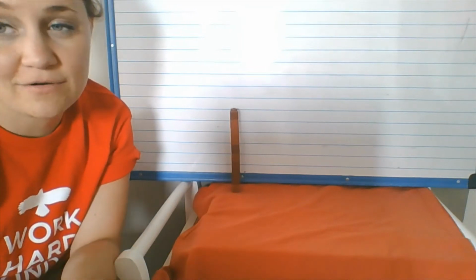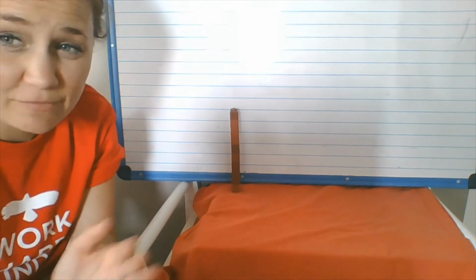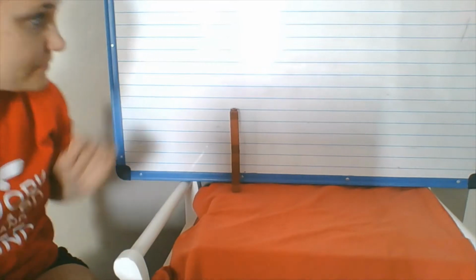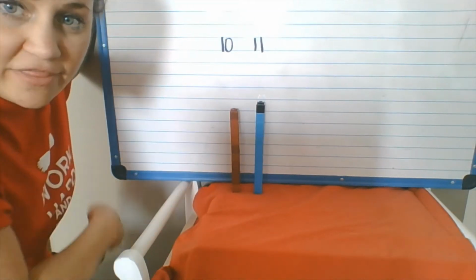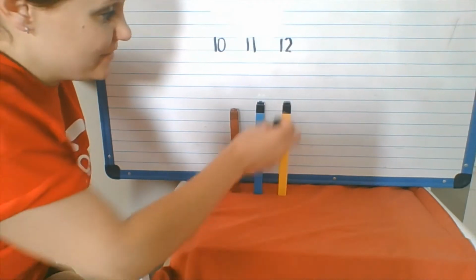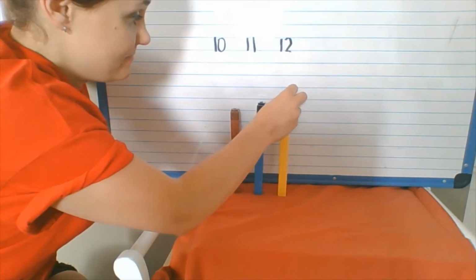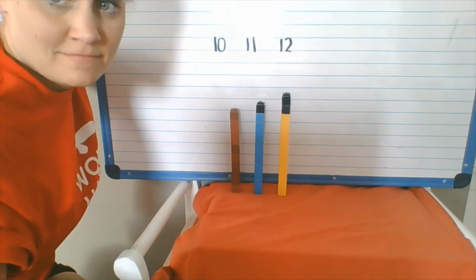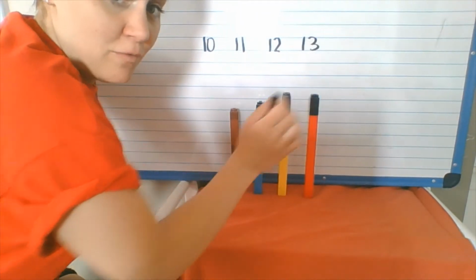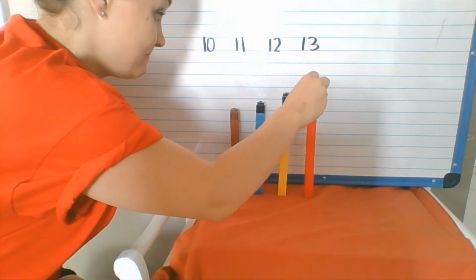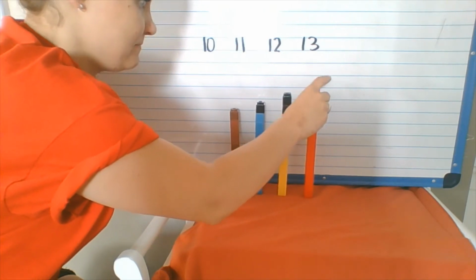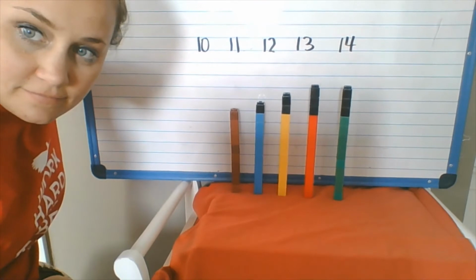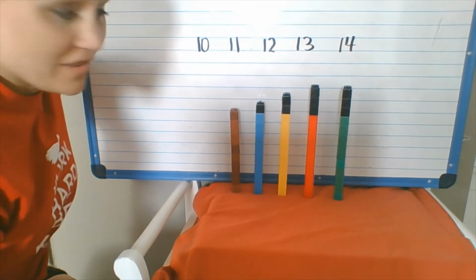The tower configuration shows us that each time we go up by 1. So this is 10. 11 is 1 more than 10. 12 is 1 more than 11. 13 is 1 more than 12. 14 is 1 more than 13.